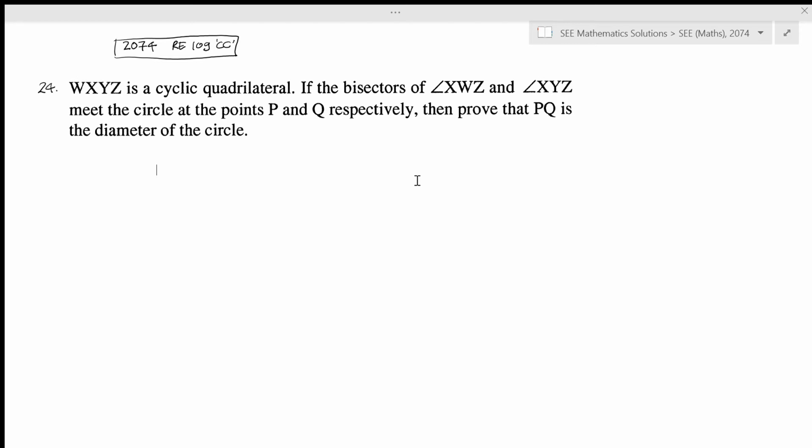If you have figured out the structure of the question, for this case no figure is given, you have to draw the figure yourself. If you draw the figure correctly and you understand the situation, it is just like the theorem that we did in question 16, where we proved the area of two parallelograms equal, right?